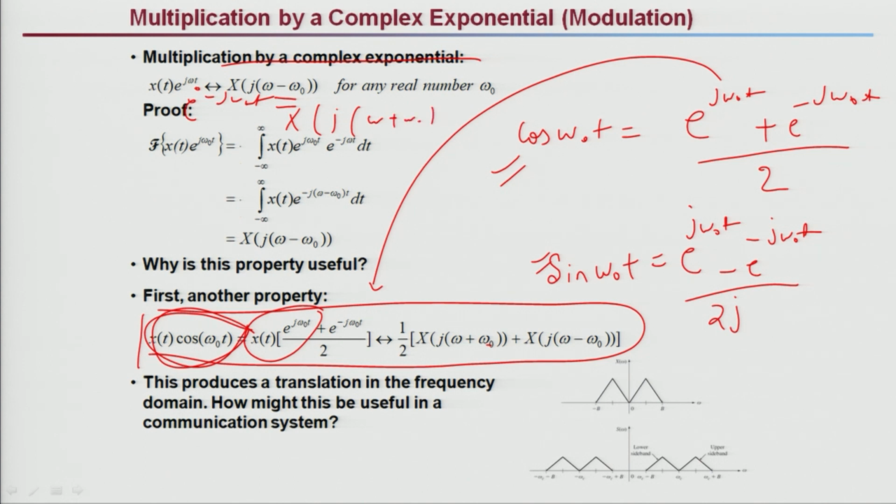So here it was positive, so the result is negative; there it was negative, so we got it as positive. Using this multiplication property, we can easily find the Fourier transform of x(t) cos omega naught t or x(t) sin omega naught t.